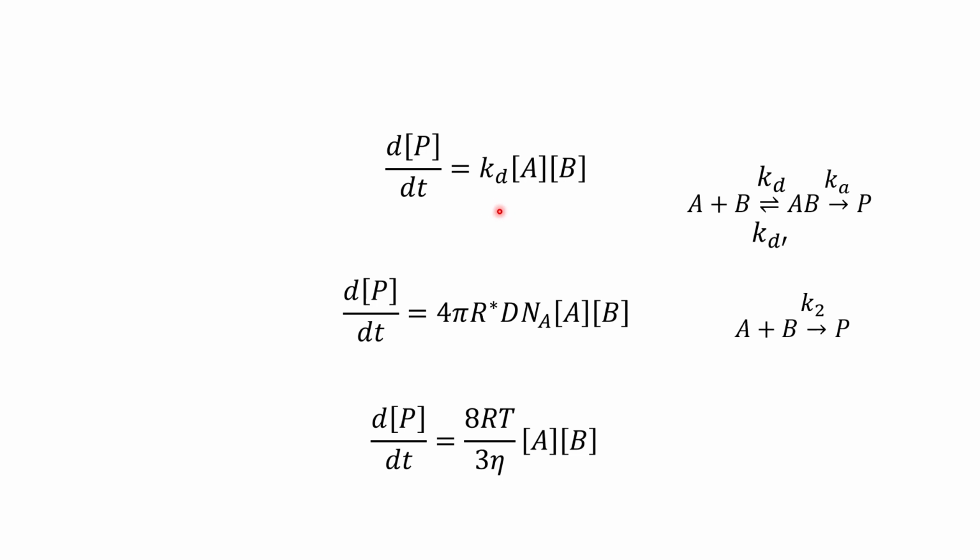By substituting the rate constant for the diffusion control reactions into the rate law, we get the rate of product formation equal to 8RT divided by 3 multiplied by the viscosity, multiplied by the concentrations of reactants A and B.